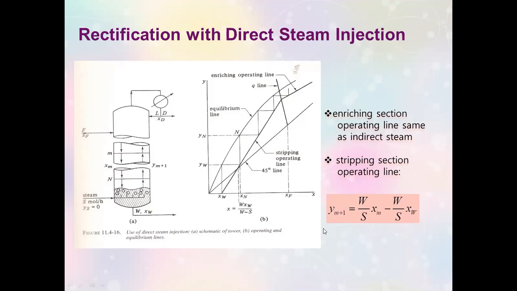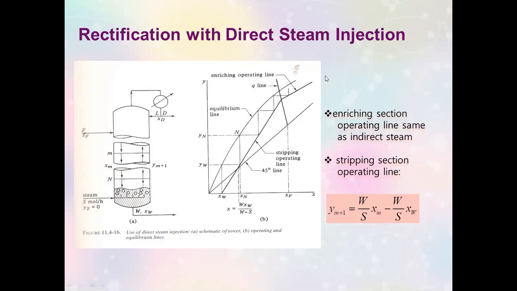Actually, it's still the same thing even if we're not doing things graphically. If we're not doing things graphically, we're relying on the use of the table that I shared with you last meeting, and we are not even using there the equation of the stripping section operating line. The equation that we will be needing is the equation of the feed line and the equation of the enriching section operating line.